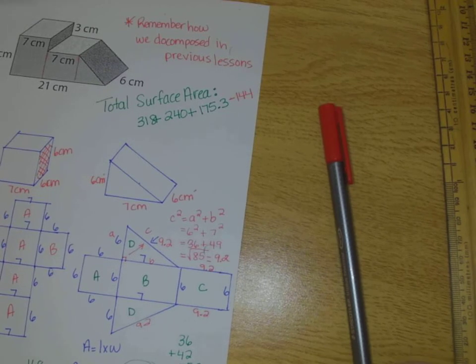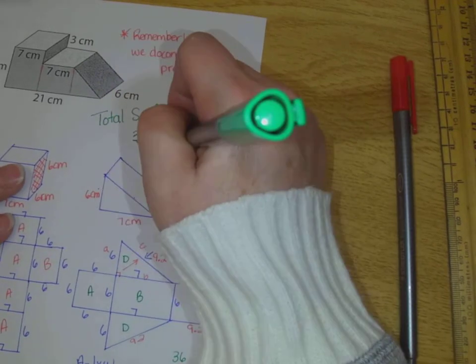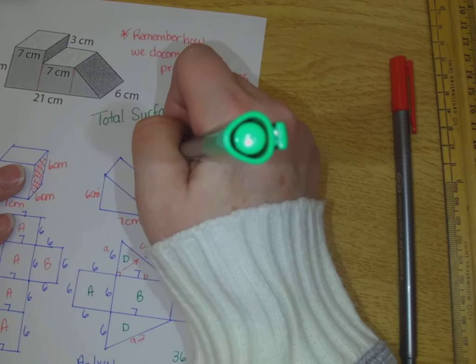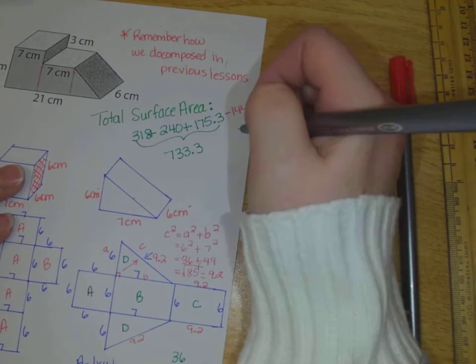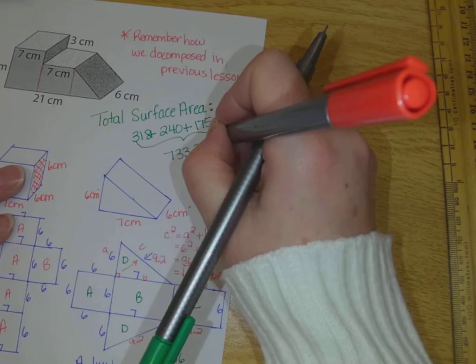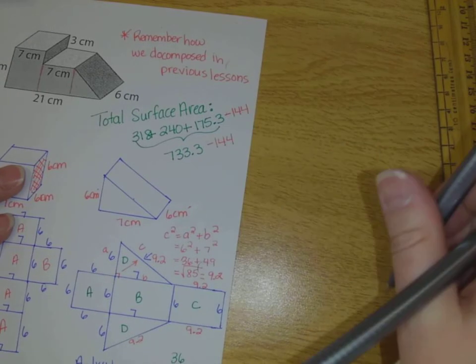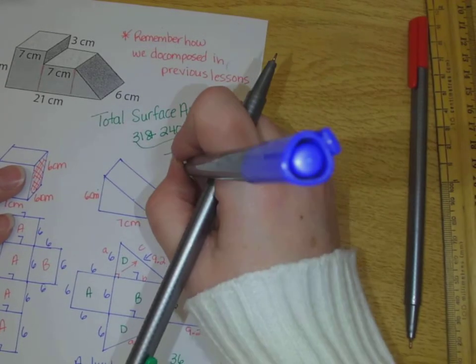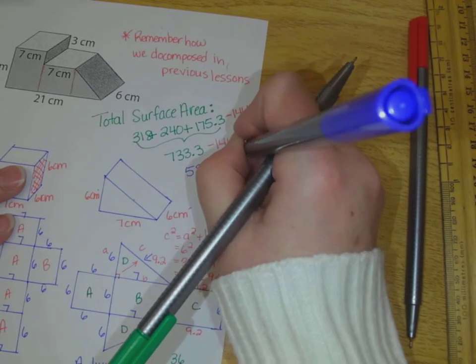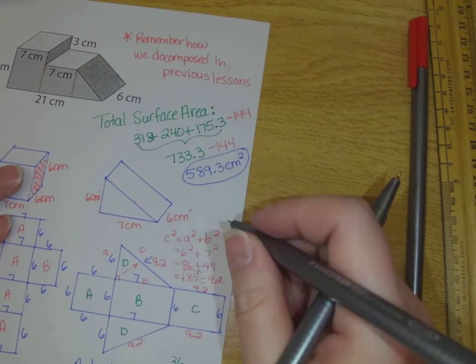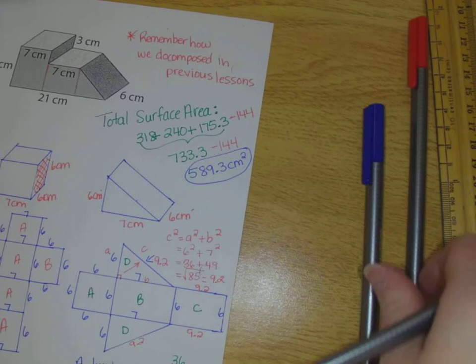So what you should get for the green, you should have added it up and got 733.3 centimeters squared, and then you take away 144, and your final answer should be 589.3 centimeters squared. Okay, that is your final answer.